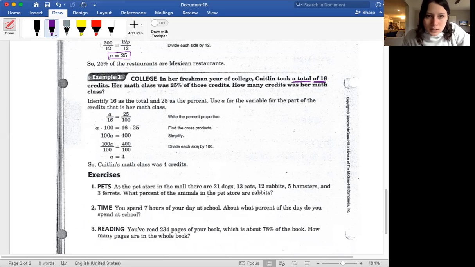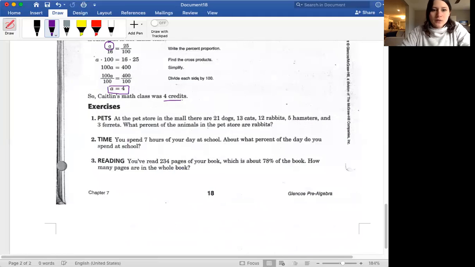So 16 is our total, and we're missing the part, but we know it's 25%. So we want to know, okay, how many credits was that math class? And so we can follow the same method and cross multiply, and the answer would be 4. So the math class was 4 credits.